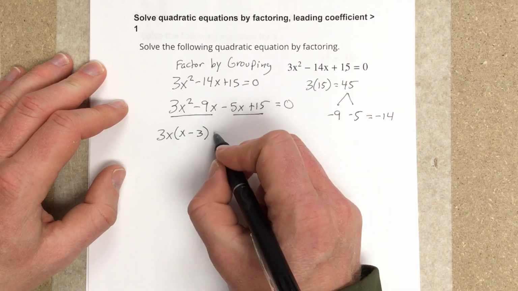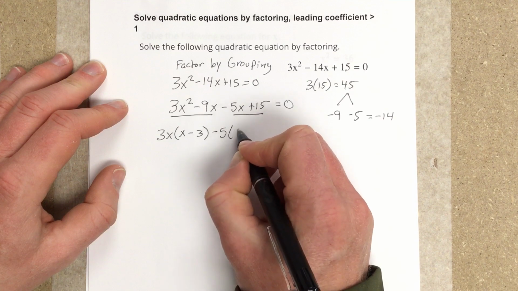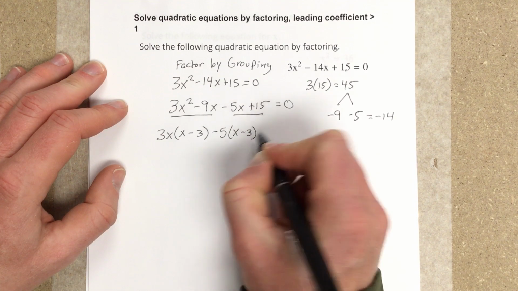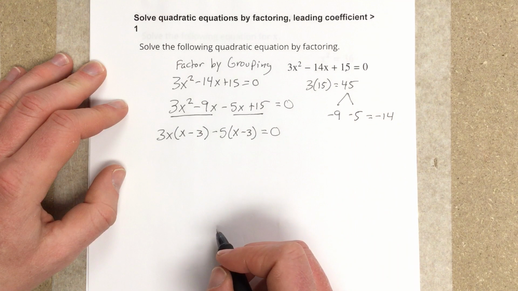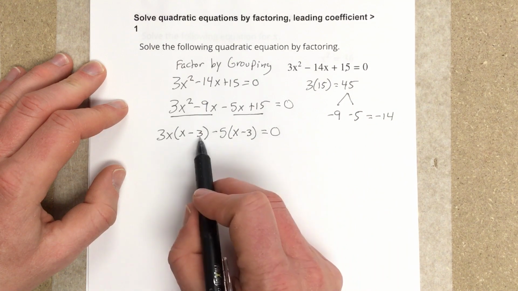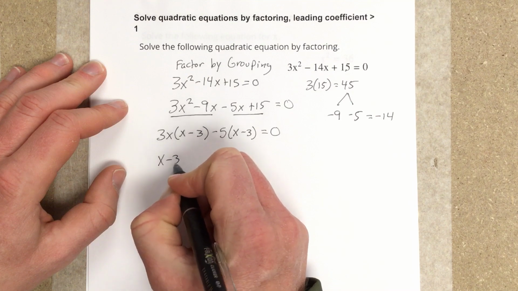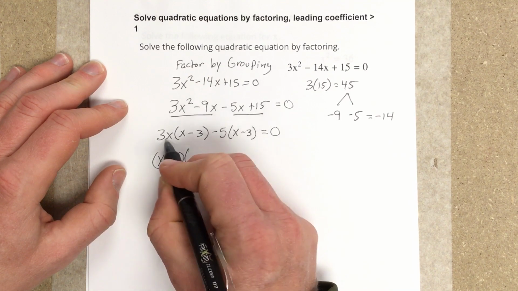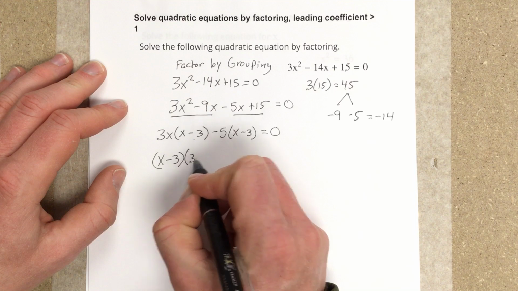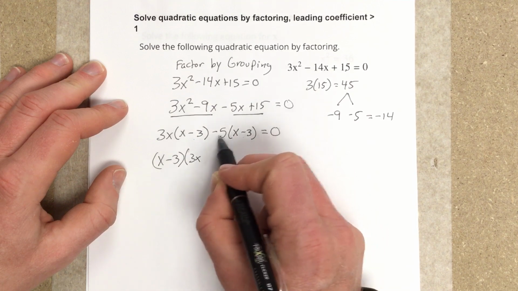Factor a negative 5 out here, and I end up with x minus 3. Let's factor x minus 3 out. When I divide x minus 3 out of the first term, I get 3x left. Divided out of the second term, I get negative 5.